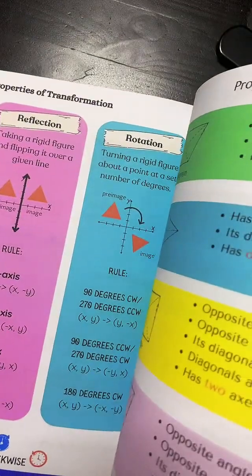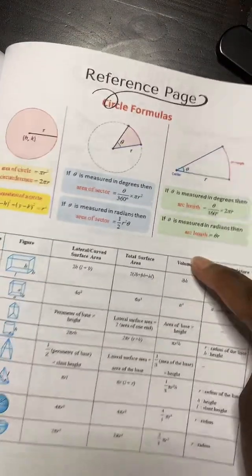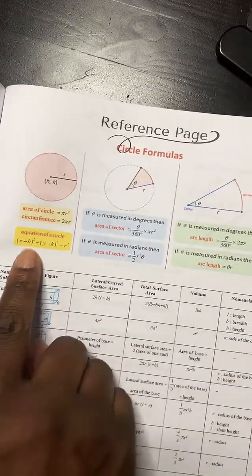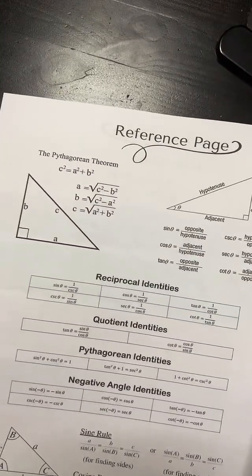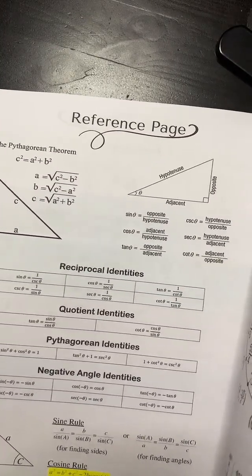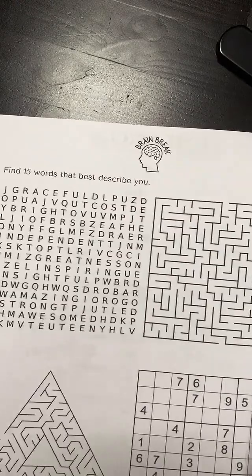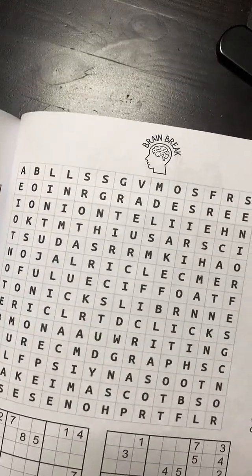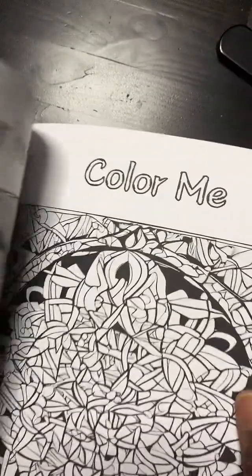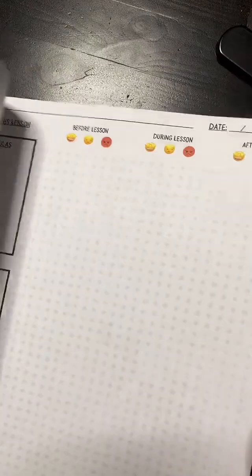There are some other items in here: area and perimeter, volume and surface area, also the area of a sector, arc length, equation of a circle, as well as the Pythagorean theorem, SOHCAHTOA, and the unit circle. And I also give a little brain break, because we all need a little brain break once in a while. All this is part of my math notebook.